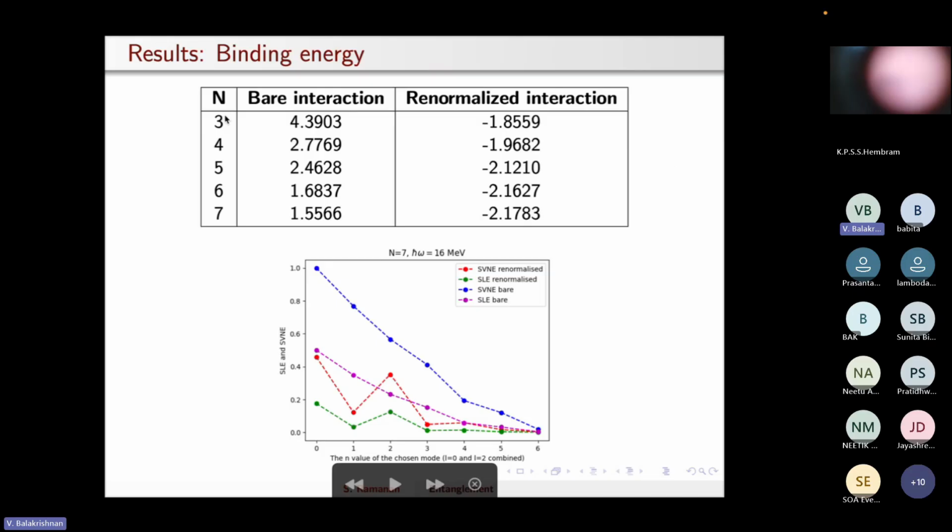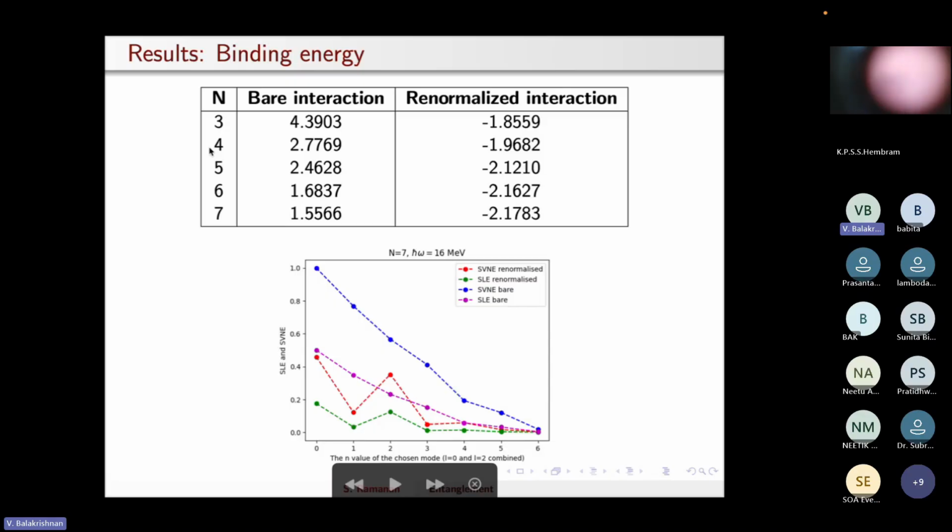As I said, for the deuteron you need both L equal to 0 and L equal to 2. So when I say n, it refers to the total number of states which is kept here. For example, n equal to 3 implies 0, 1, and 2. For each value of little n, you have L equal to 0 and L equal to 2. So n equal to 3 implies I have 6 qubits in total.